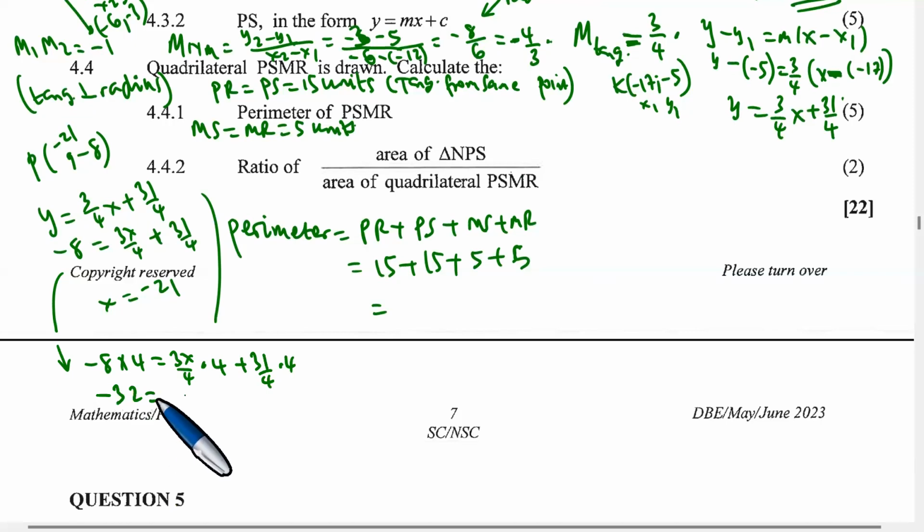Minus 32 equals 3x plus 31, which is 3x equals minus 63. You divide minus 63 by 3, which is minus 21. That's how we get the minus 21, and it becomes the coordinate of P.